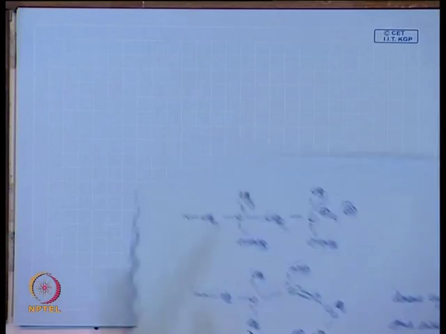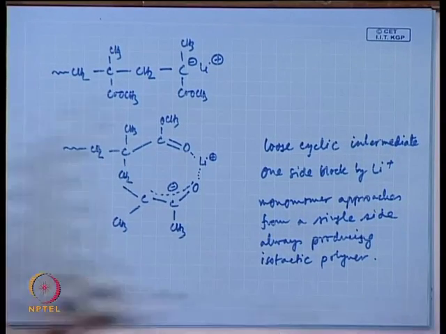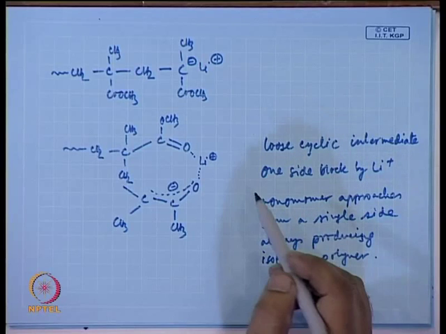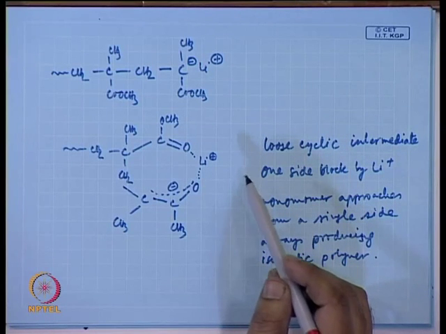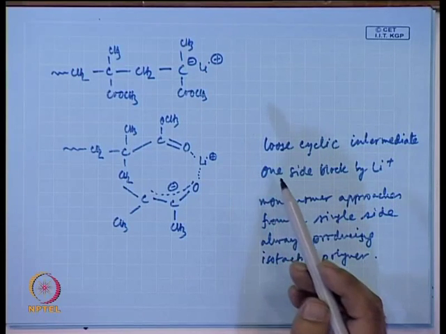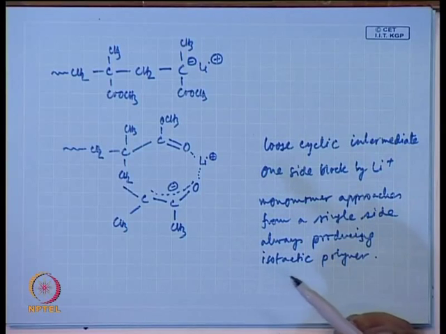Now, let us take the example of methyl methacrylate. If we take methyl methacrylate and do a reaction with an anionic initiator, for example butyl lithium, in say toluene at lower temperature.